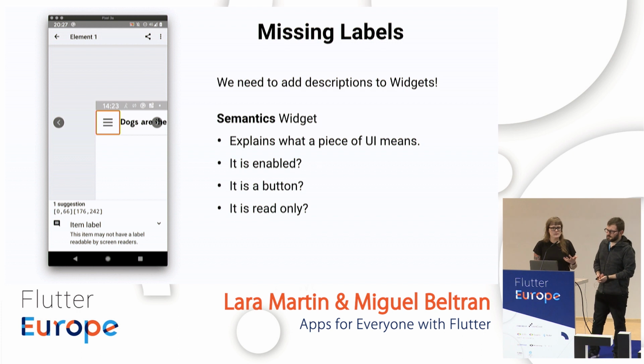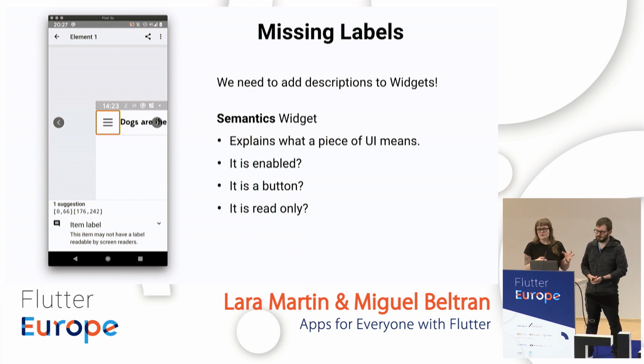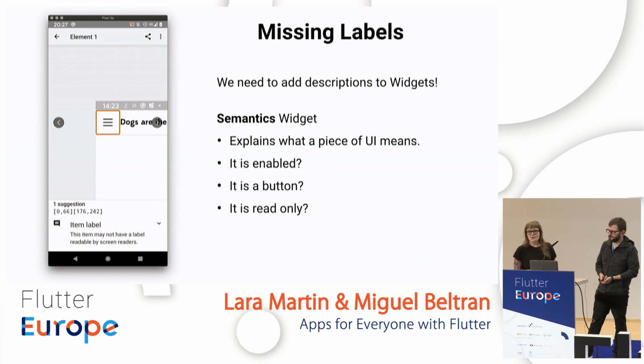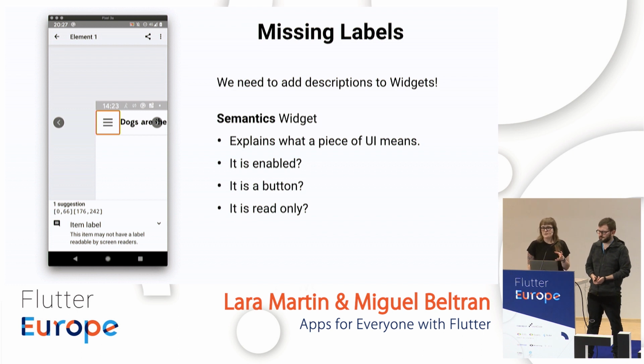Content descriptions maybe sounds familiar to Android developers. So we will add this to all the UI elements. And for doing it, we are gonna use the Semantics widget. A Semantics widget will explain what a piece of UI is, explains whether the element is enabled or not, and will know if it's an input or a read-only field.